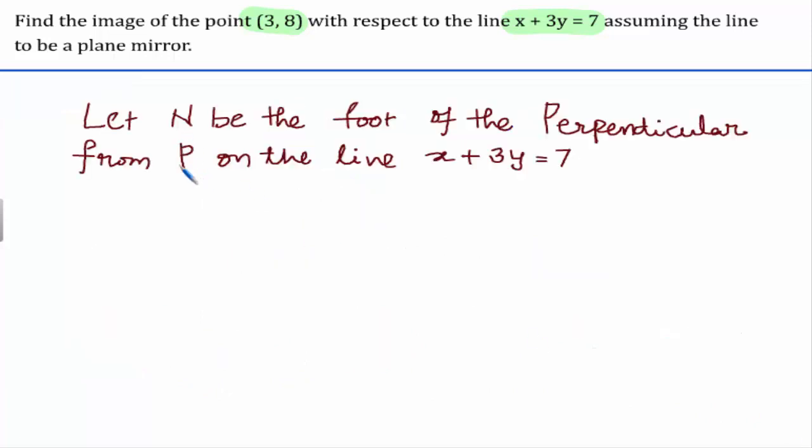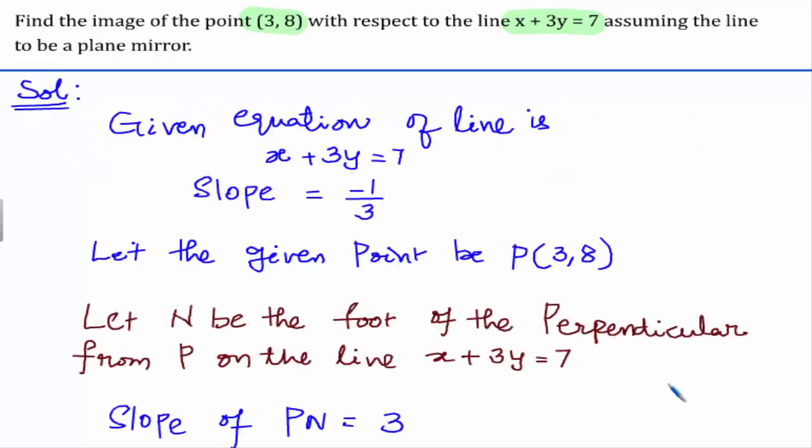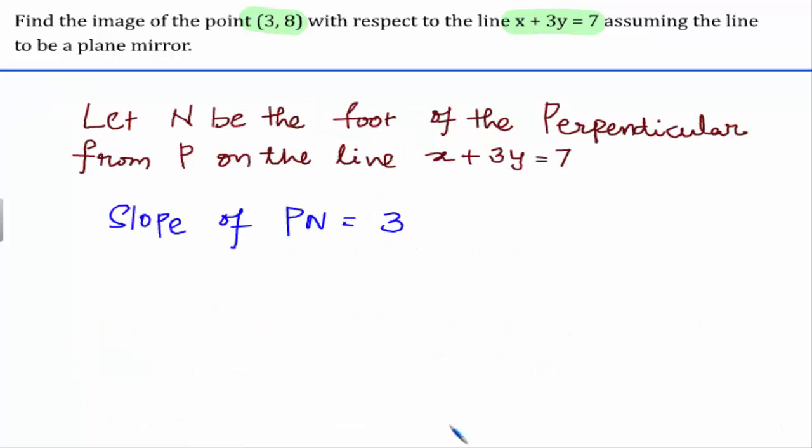So therefore this PN will be perpendicular to this line. So slope of this line PN will be 3, because the product of the slopes of the two perpendicular lines is -1.